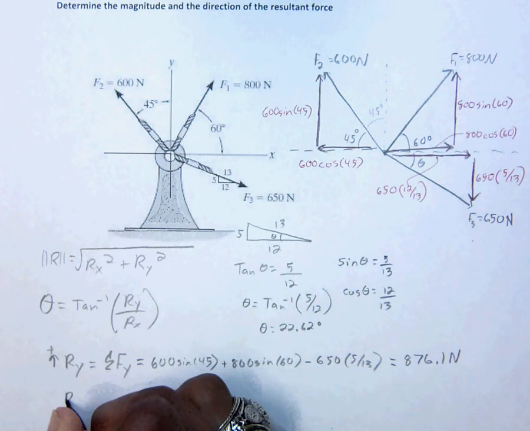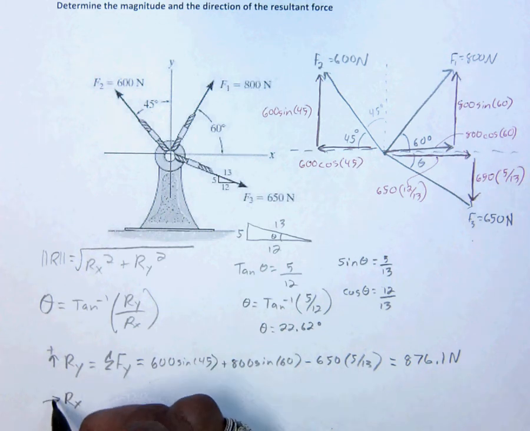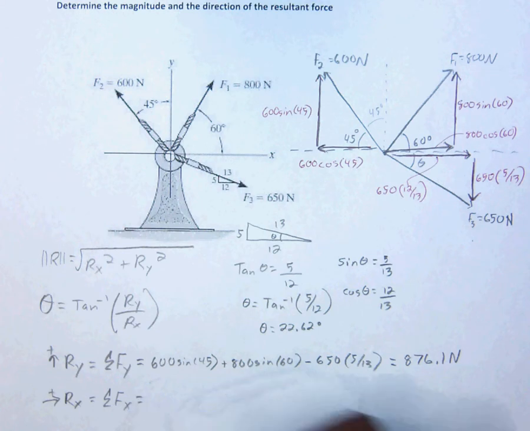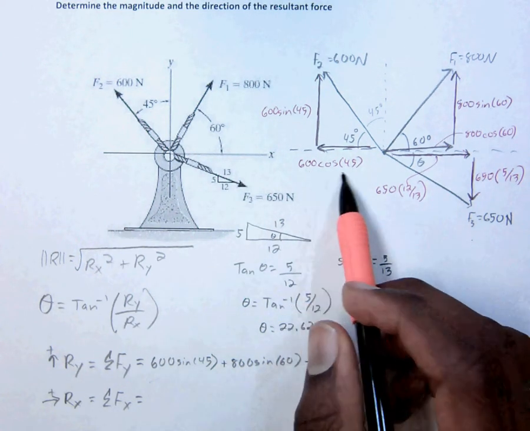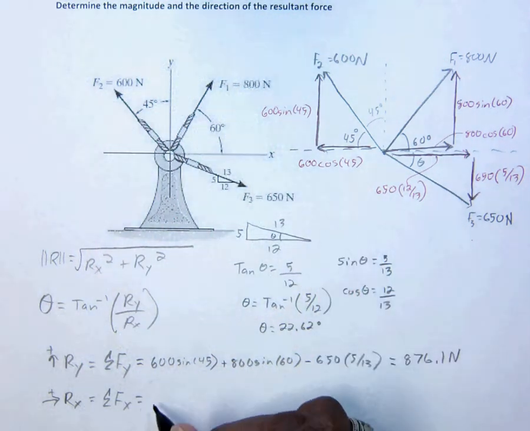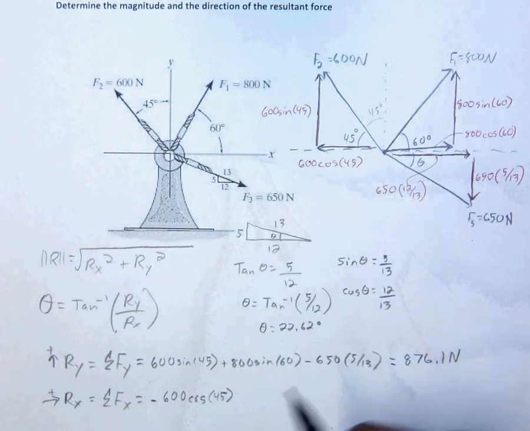Now, what about the x component of the resultant, where going to the right is positive? I know that's going to equal the sum of the forces in the x direction. Okay, and so what do I have? I have 600 cosine of 45, but that is negative, so minus 600 cosine of 45, because it's going to the left, so I subtract that.